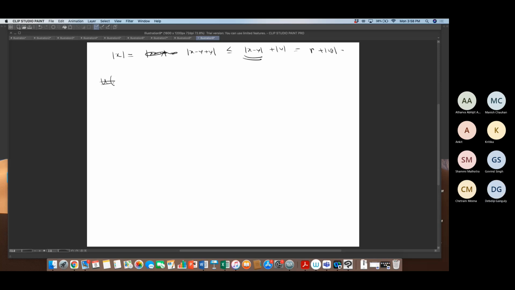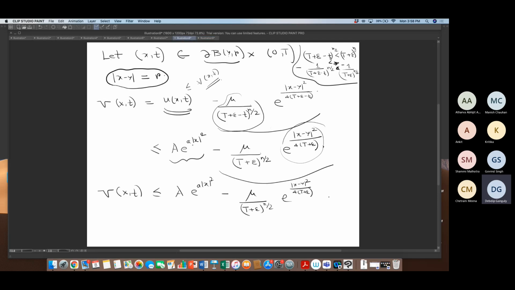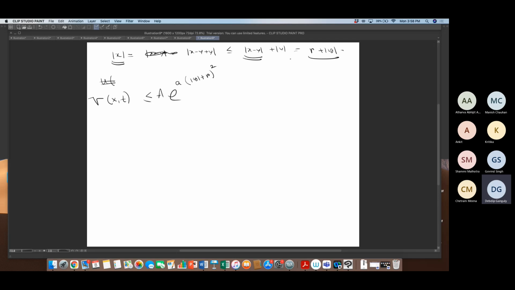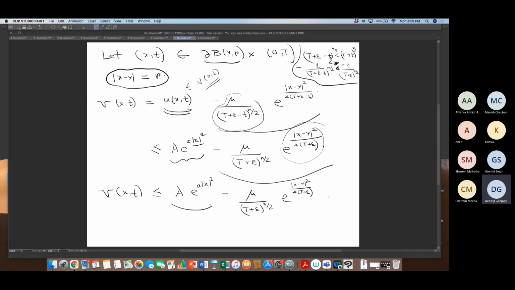So V(x, t) will be less than or equal to e to the power, a constant is there, a, and instead of |x| I write less than or equal to (|y| plus r) whole squared. Is that clear? I just take |x| squared is less than what? |x| is less than, so the square will be less than the square. Is that clear? Is that clear? This is less than this. Is that clear? Yes or no?